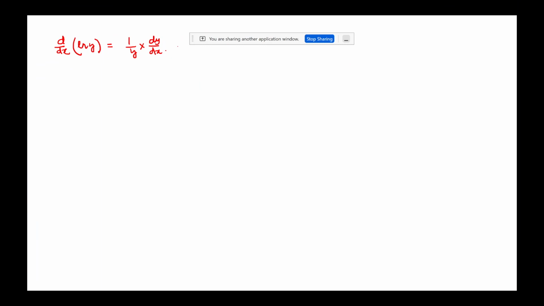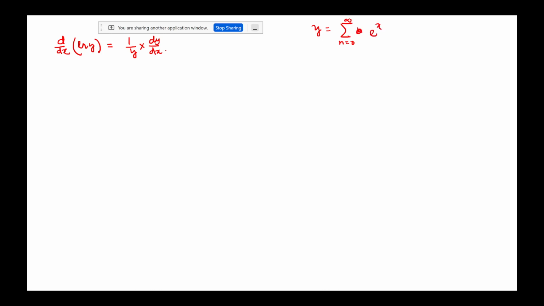Now what is dy/dx then? If y is the sum over n from 0 of e to the power x times (n plus half), then dy/dx will be (n plus half) times e to the power x times (n plus half).